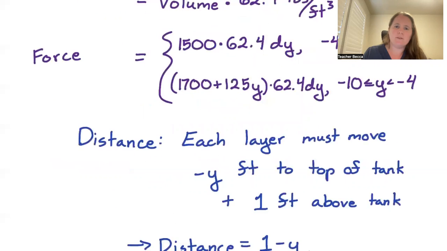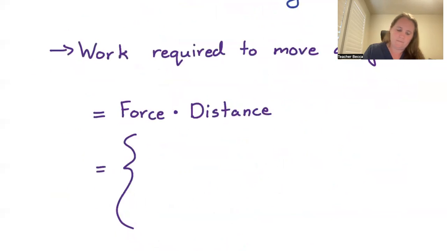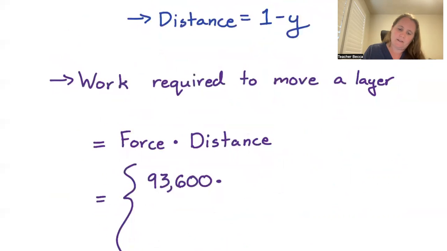The first component was 1500 times 62.4, which if we multiply that out, we're looking at 93,600 times our distance of 1 minus y, and then dy.